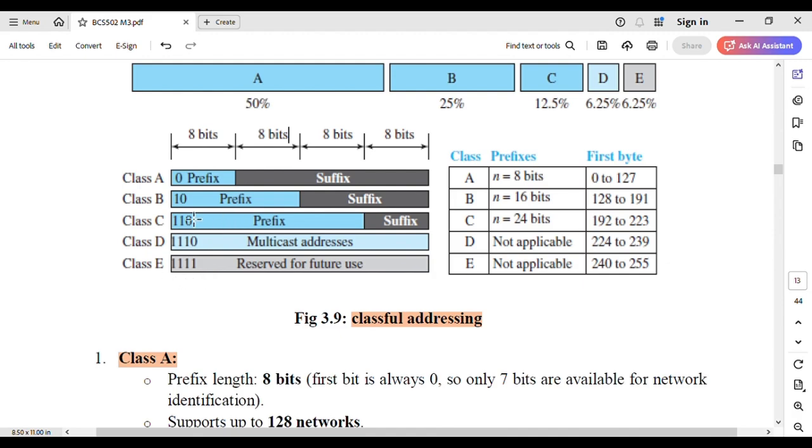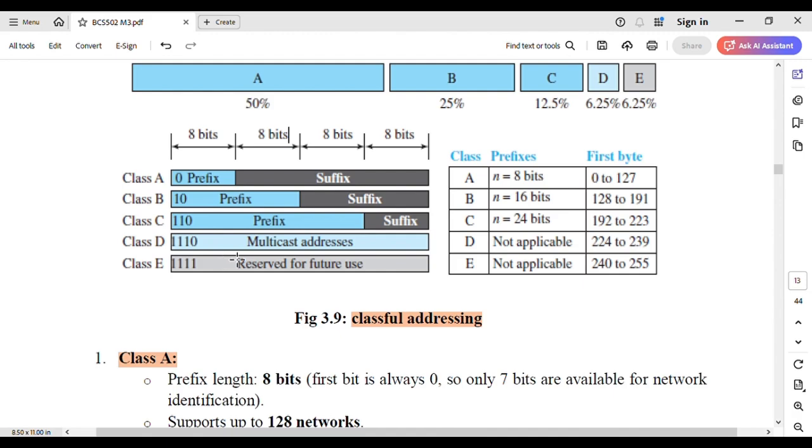Class B has a 16-bit prefix and a 16-bit suffix, and the first byte ranges from 128 to 191. Next, class C has a prefix of 24 bits and a suffix of 8 bits, and the first byte ranges from 192 to 223.